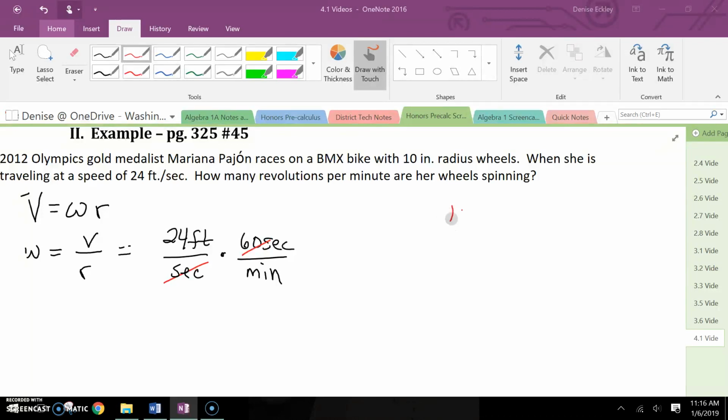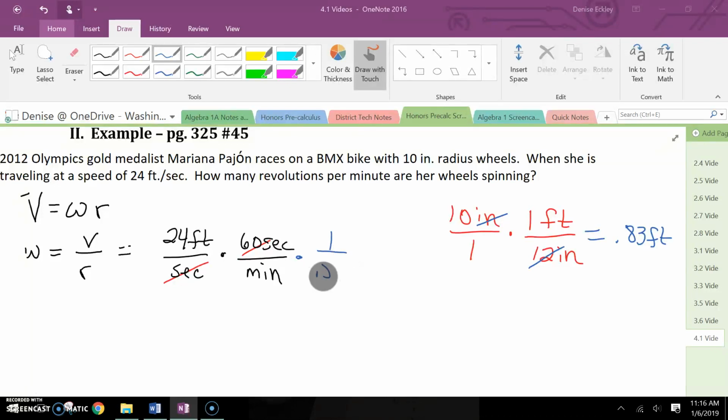I'm going to take 10 inches and change that from inches to feet, knowing that 1 foot is 12 inches. And when I do that, I get this as a decimal of 0.83 feet. So now I'm going to divide this by 0.83 feet.